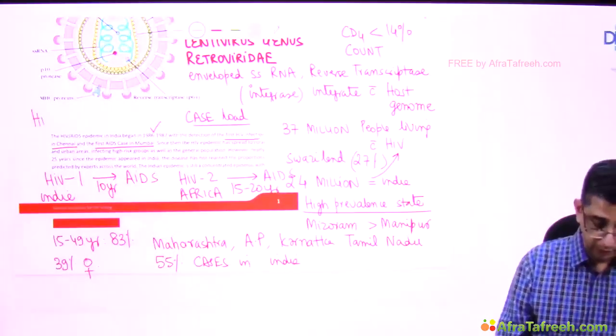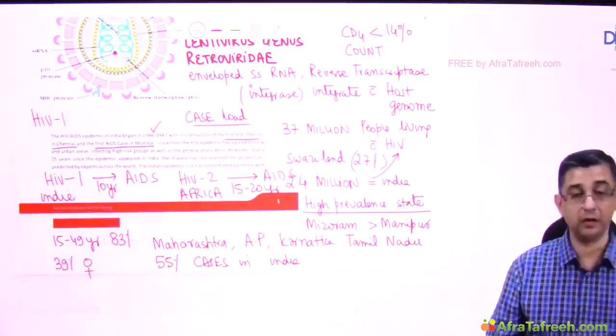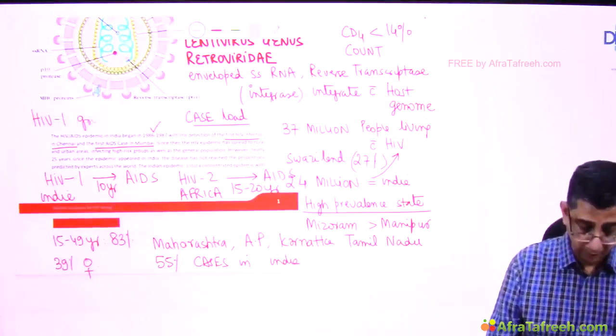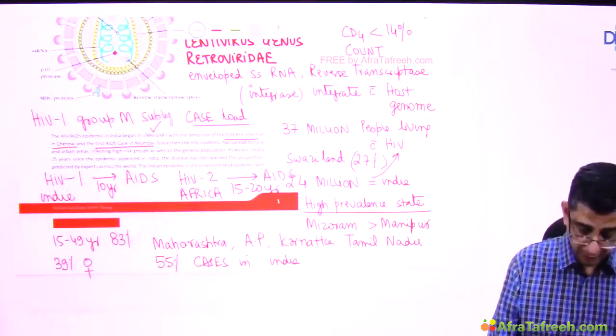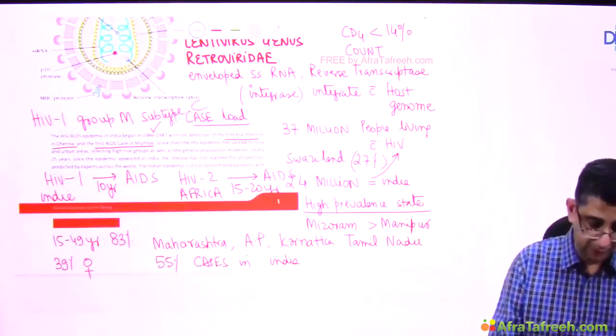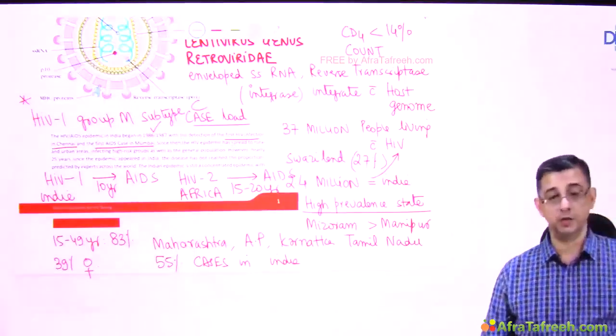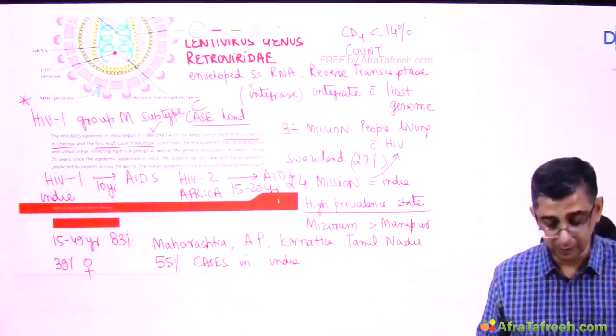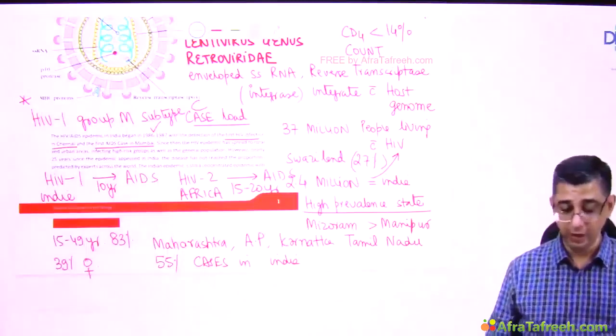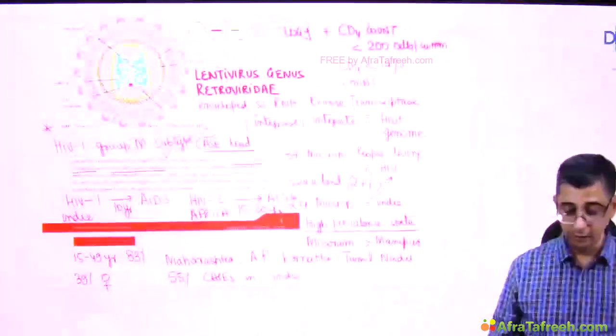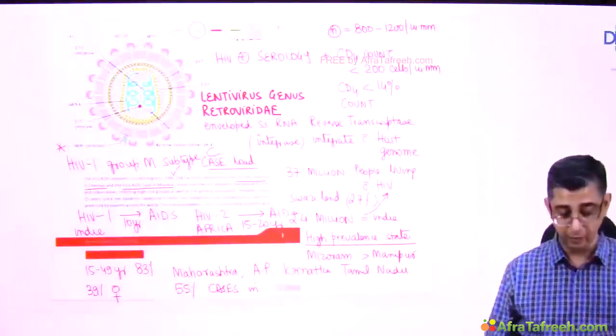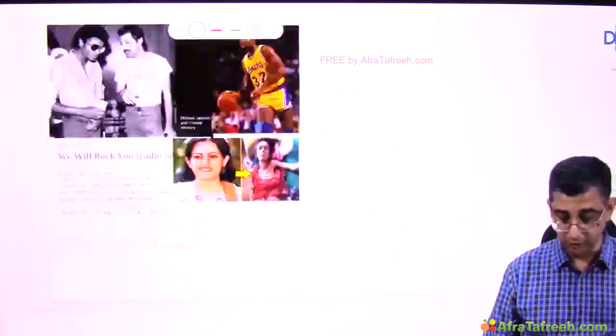From the Indian perspective, from your PSM classes, you are anyway aware that HIV-1, Group M and subtype C is the most common type of HIV virus which is isolated from Indian population. So a lot of this information you are anyway aware from the PSM perspective, so this is a revision for you. And I would also like you to remember regarding a 90-90-90 approach, which is being used on a global basis.